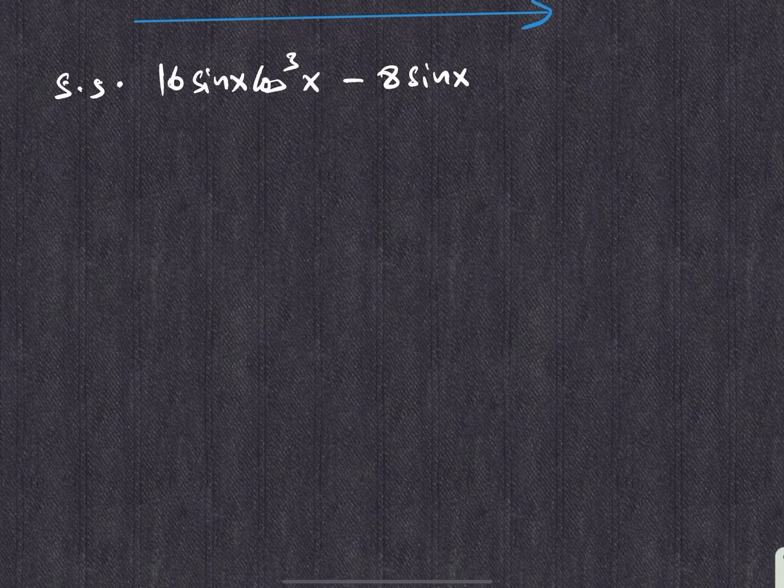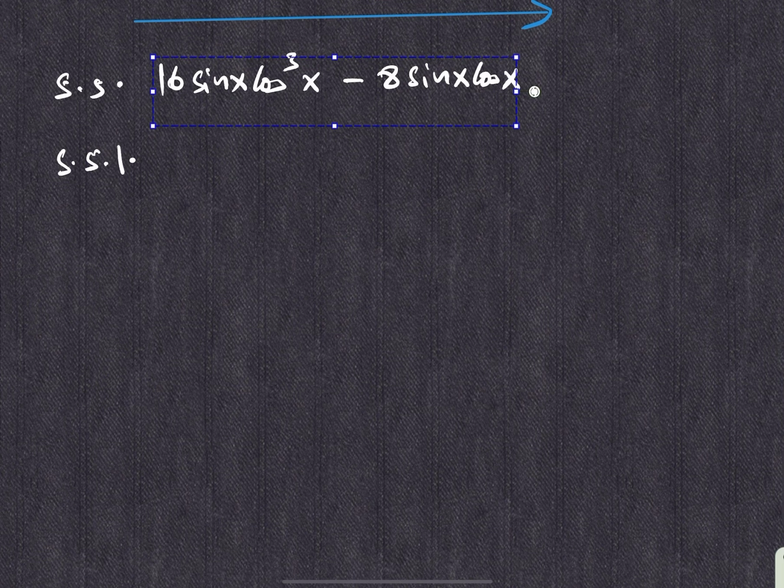That is 5.5. What are you given? They give you 16 sine x multiplied by cos cubed of x, minus 8 sine of x cos of x. They are saying to you 5.1.1, rewrite this one as a single trigonometric ratio.